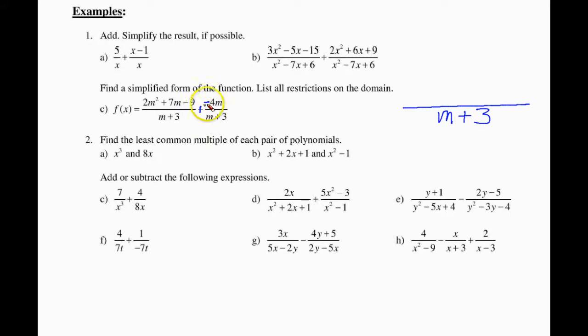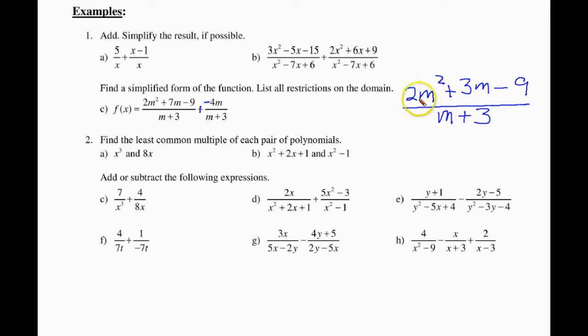That's a little technique that's often useful in doing this type of thing. So we have our 2m squared. Now a positive 7m and a negative 4m gives me a positive 3m, and you get a minus 9.